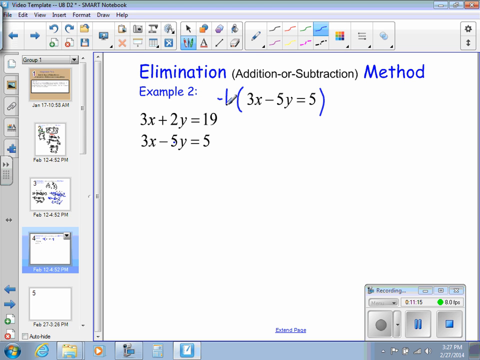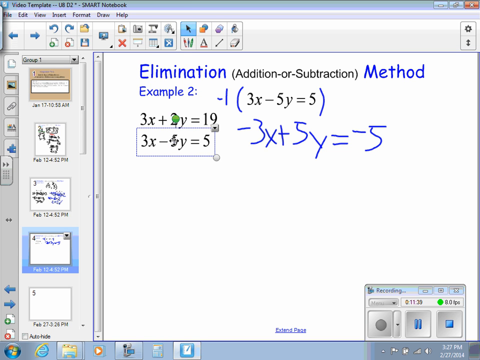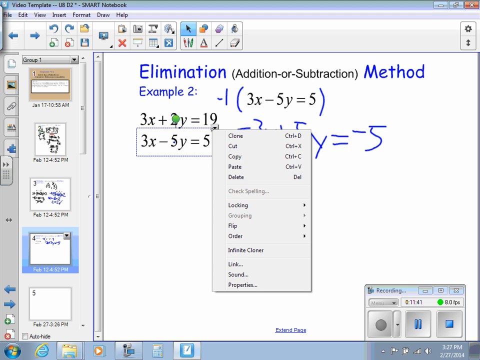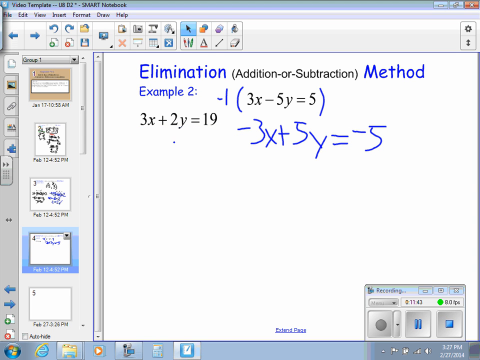And so that's going to change the sign on each term, making it negative 3x minus 5y, plus 5y. Again, it changes all of the signs, equals negative 5. Again, it has changed all of the signs. And now, get rid of that one. I will delete it.